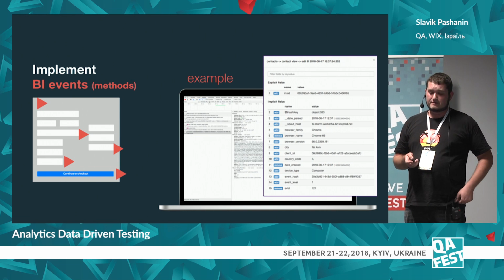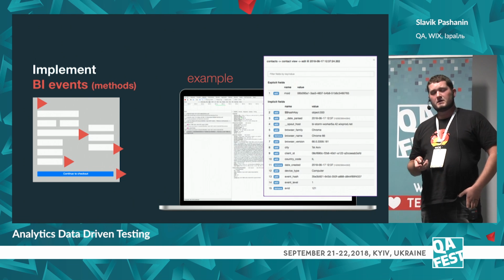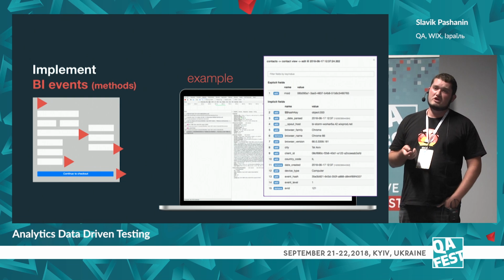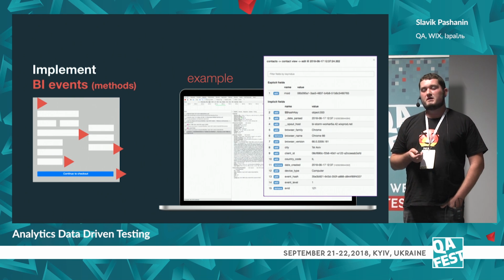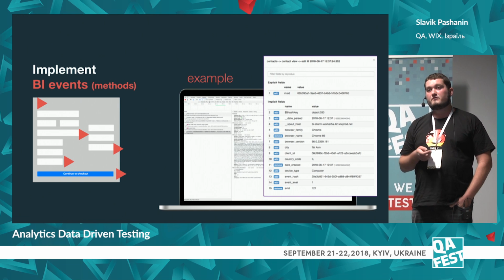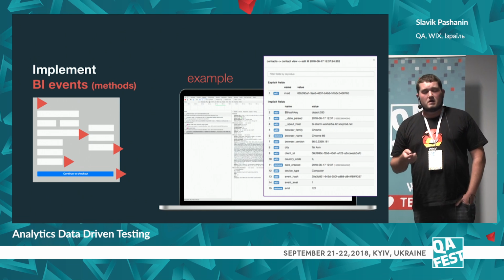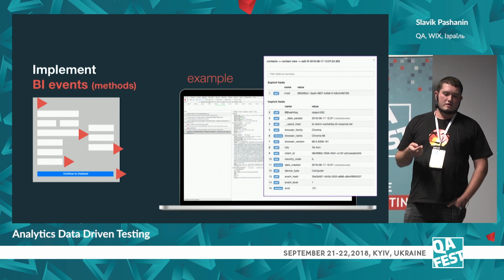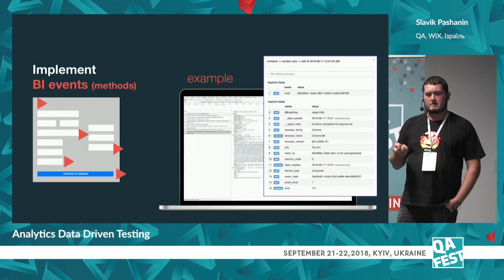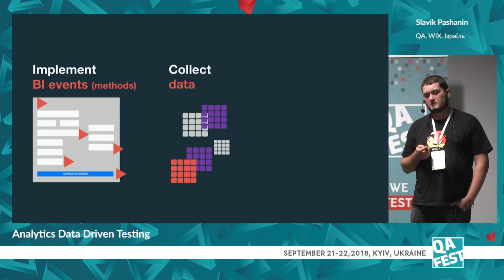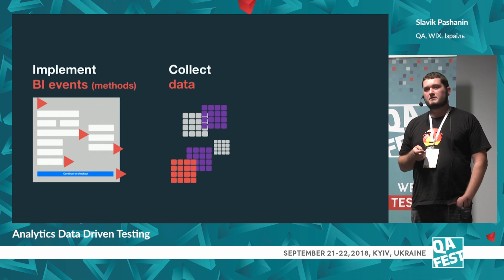This is a small example of BI, what it contains. BI contains location, it can contain IP, the browser, the version of the browser. Every piece of information that the user has is sent to the servers of the BI. We're starting to collect the data.